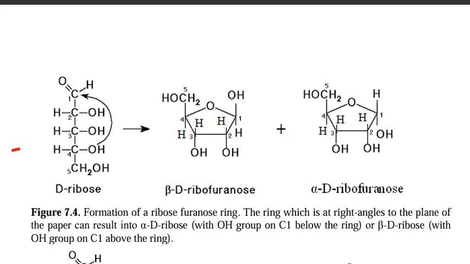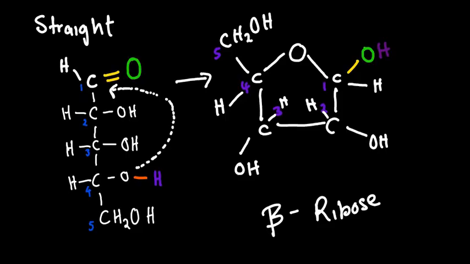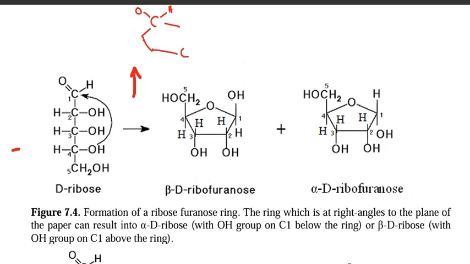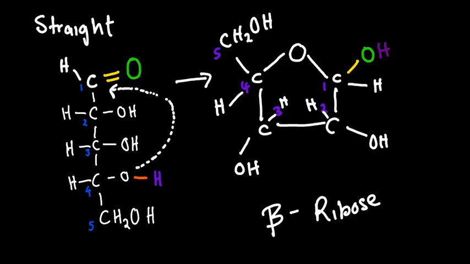So if you open up the bond, let me show this. To simplify the whole representation, a straight line D-ribose pentose sugar can be transformed into a ring structure, and that can only happen in such a way that we link the oxygen on the fourth carbon with the first carbon.